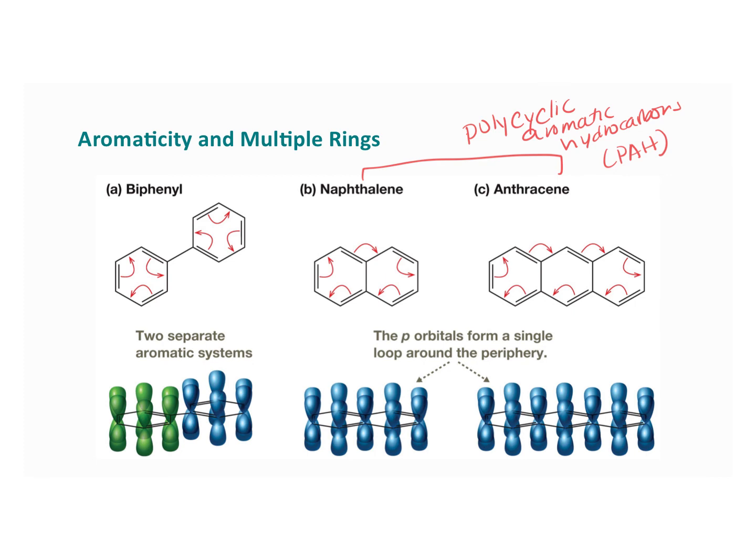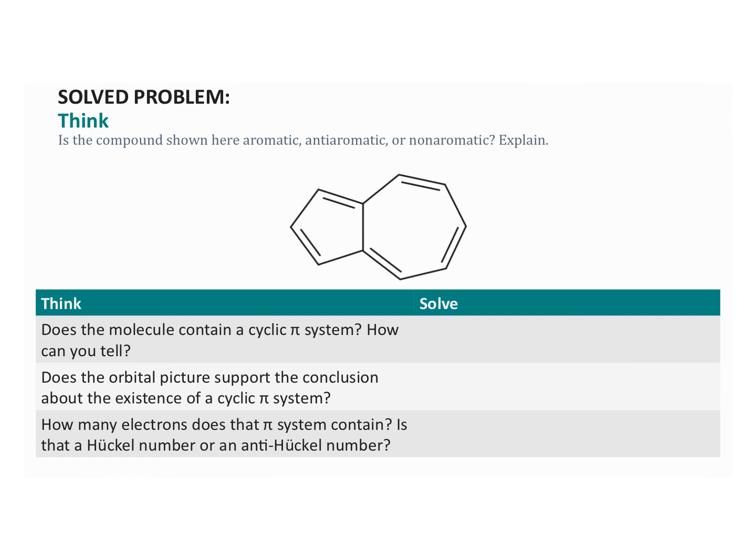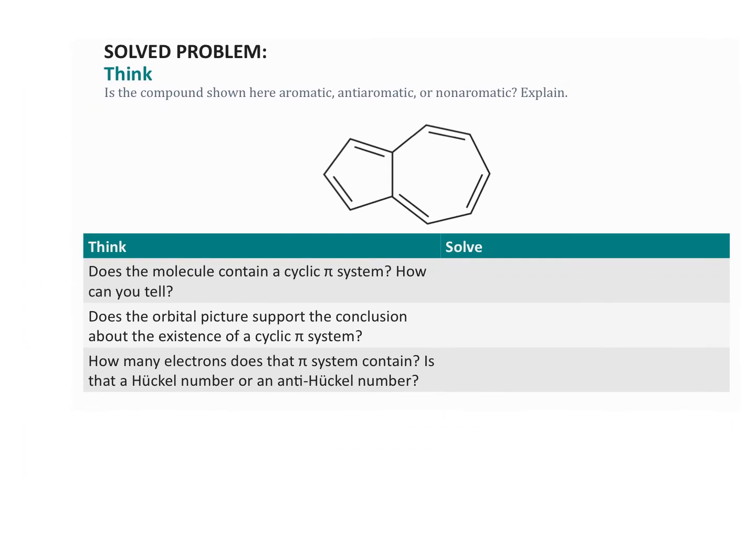Now, let's look at another example, and let's do an example here of a fused ring. So when we look at this example, it's asking, is the compound shown here aromatic, anti-aromatic, or non-aromatic? Explain.